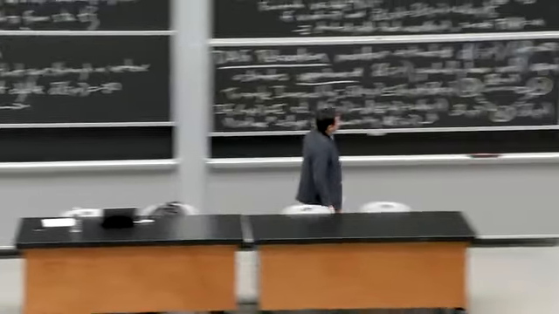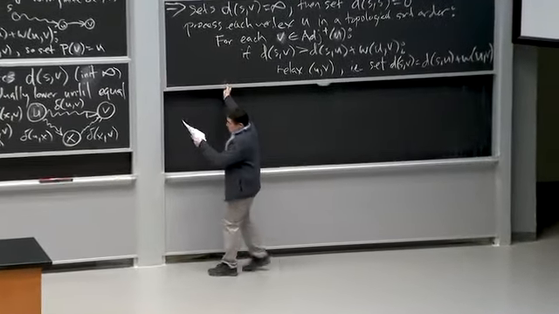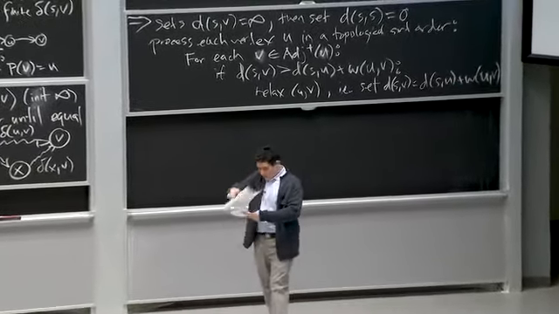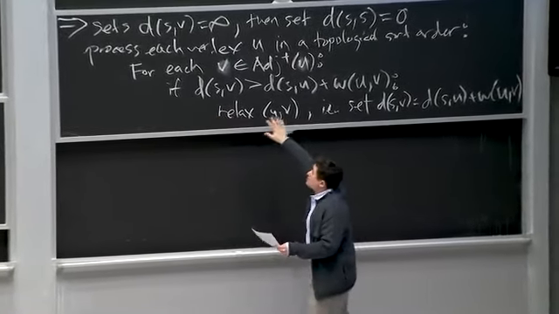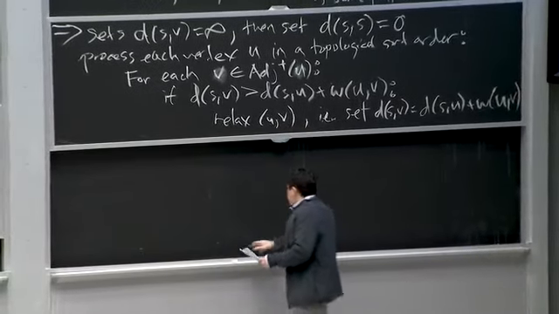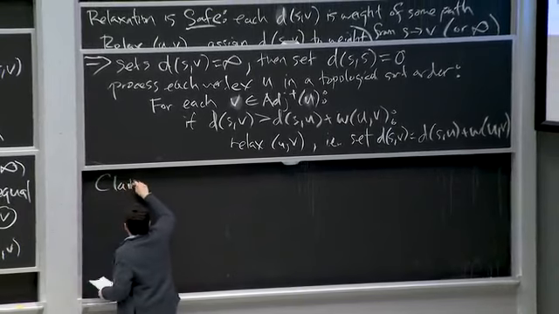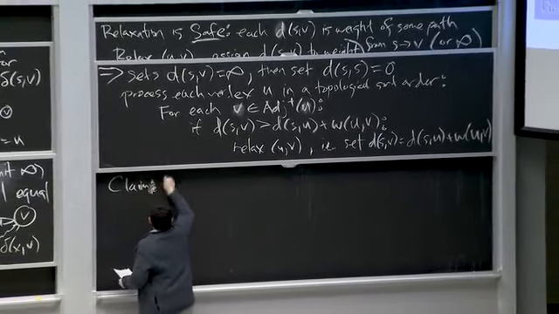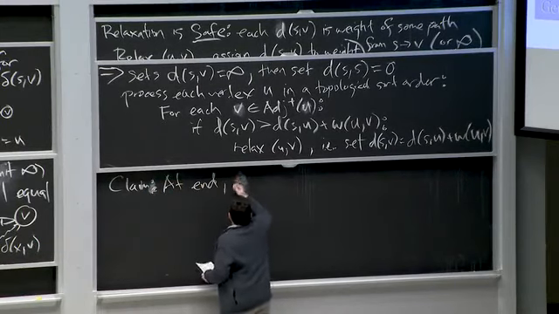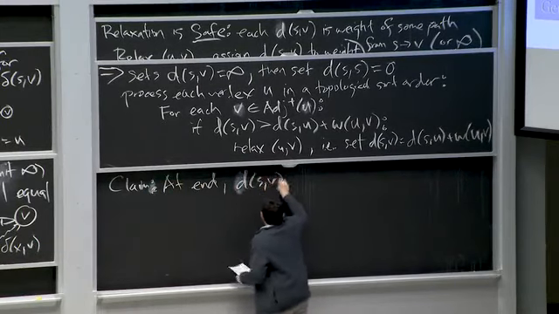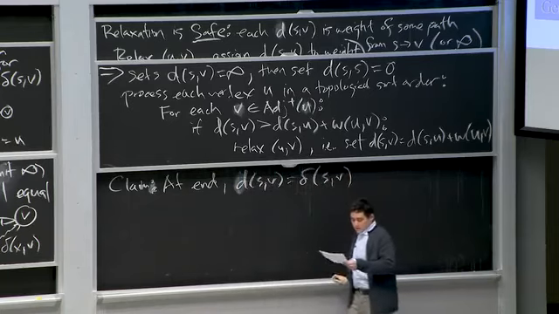Does it actually work? Let's take a look. The claim to you is that at the end of relaxation, in this algorithm, all the estimates equal the shortest path distances.